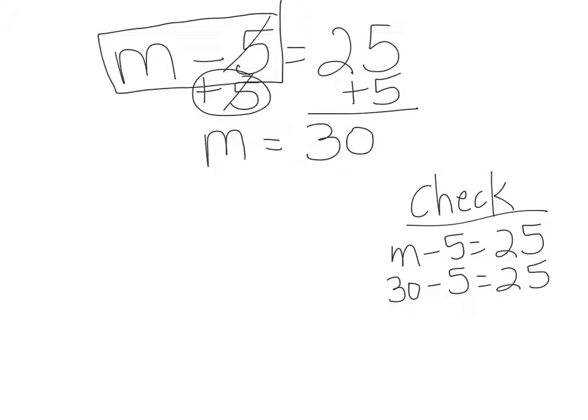So whatever number you've decided m equals, that's the number you're going to substitute, and then you have to do the math. Now this math, it's not just 25 equals 25. It's only 25 equals 25 if your mathematical solution makes it that way. You can't just decide if you had a 40 here minus 5 that it equals 25. Use your common sense, do the proper math, show the format.